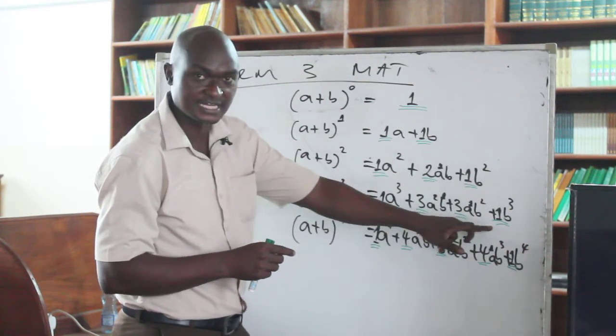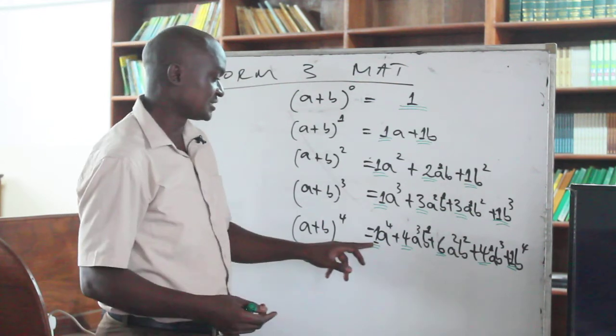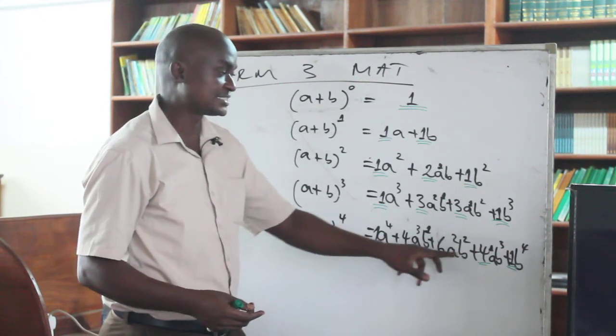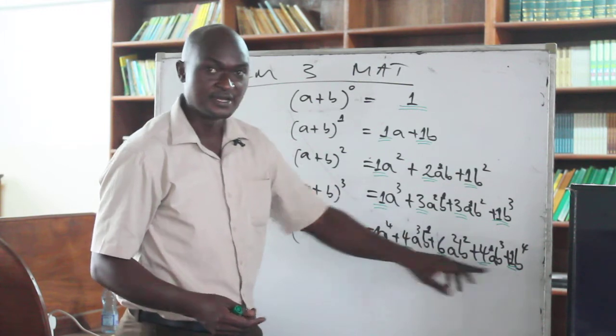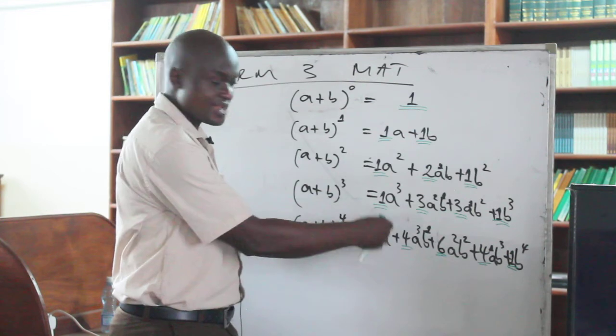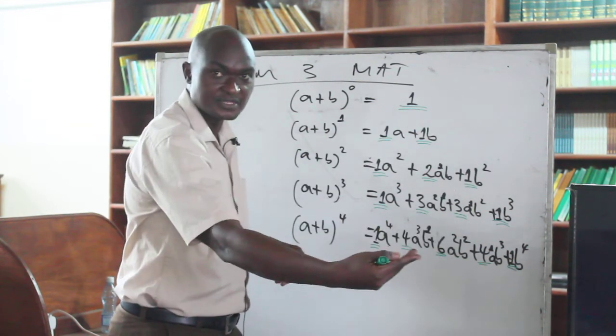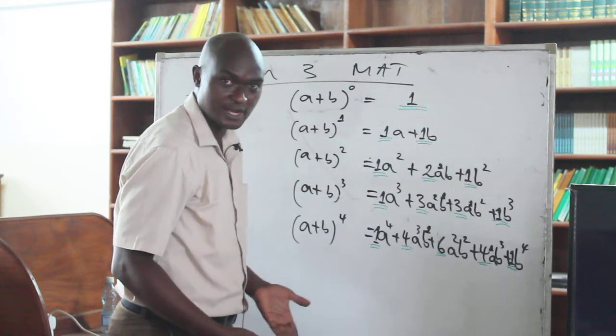Raised to power 4, there are 5 coefficients: 1, 4, 6, 4, and 1. So you can see another pattern. If you're raising to a particular power, the number of coefficients will be that power plus 1. It is increasing by 1.